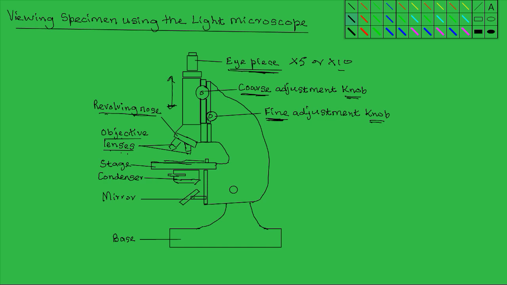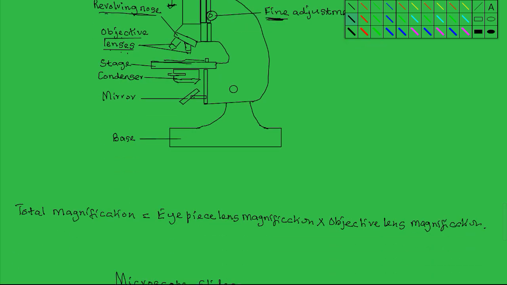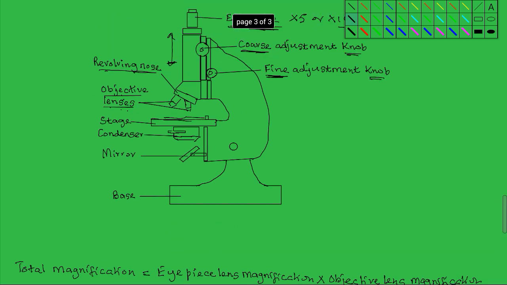Now, magnification. When it comes to the magnification, remember that there are two lenses that are used to view the specimen. There is the eyepiece and one of the three objective lenses.